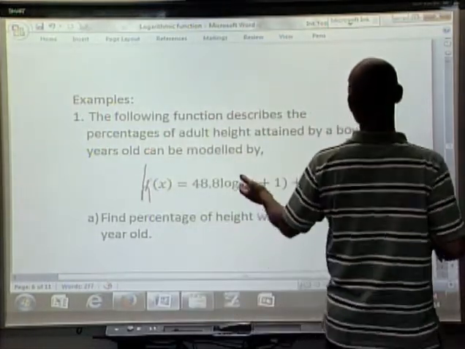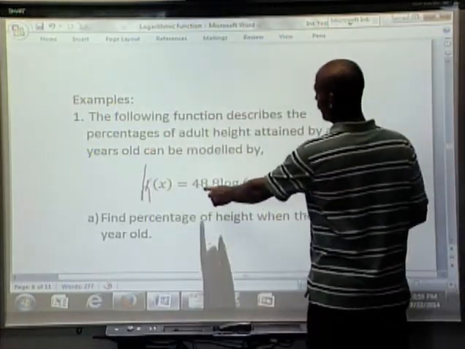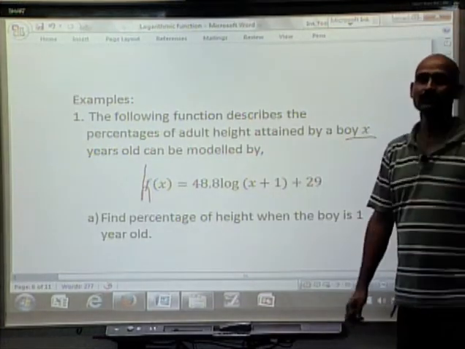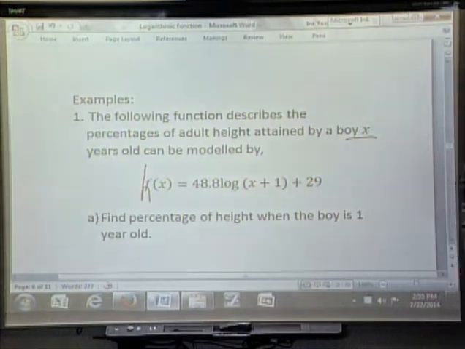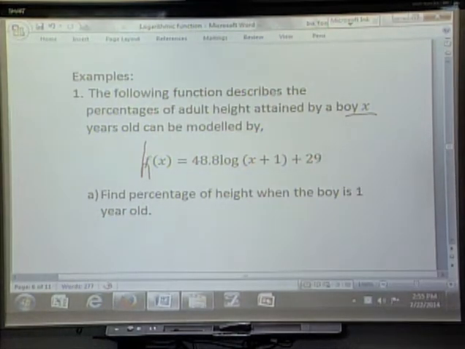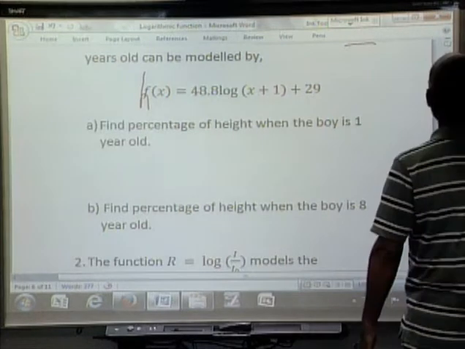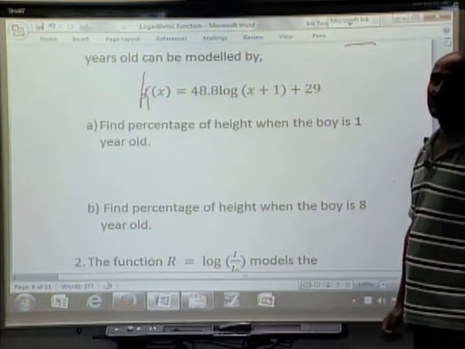So, the percentage of the height is modeled by 48.8 log of x plus 1, plus 29. The first question is to find the percentage of the height when the boy is 1 year old.